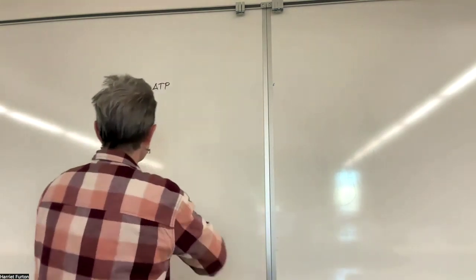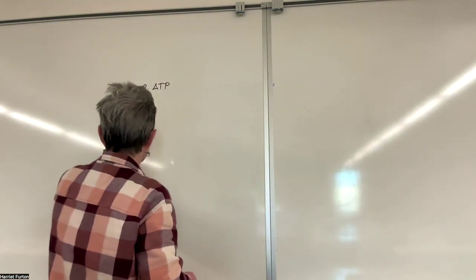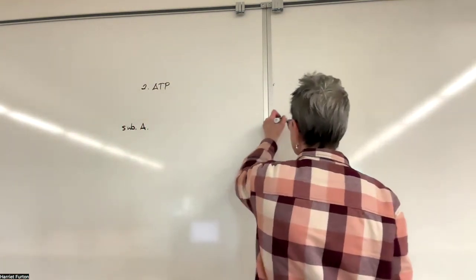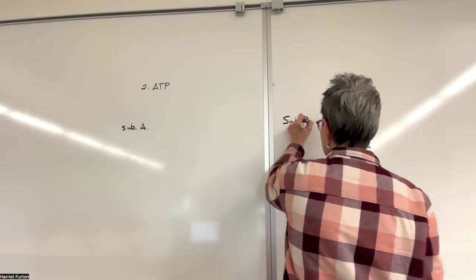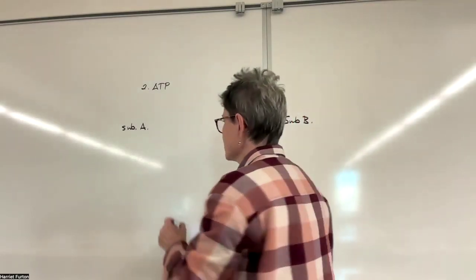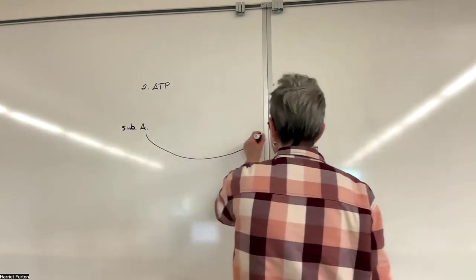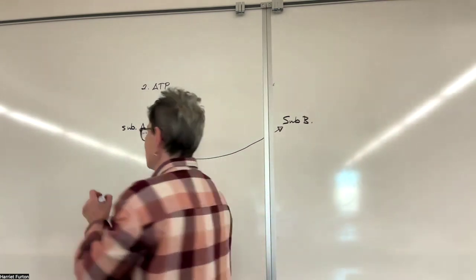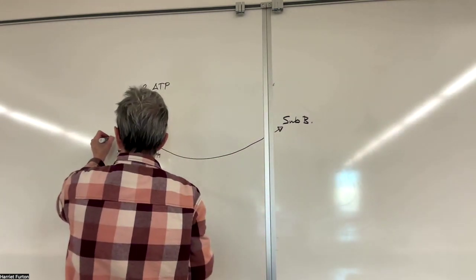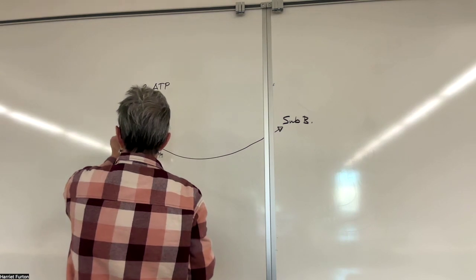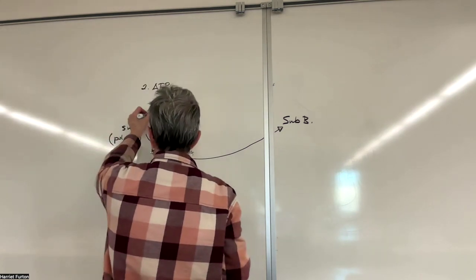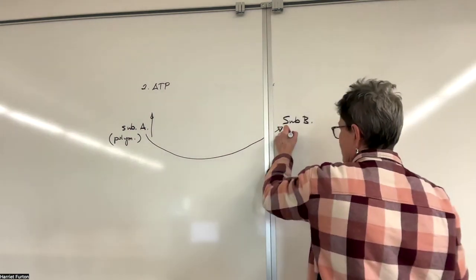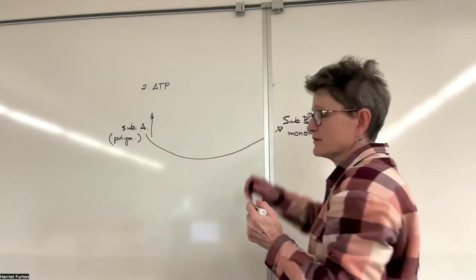So let's say we have substrate A, and we have substrate B. In order for substrate A to turn into substrate B, let's say this is a big molecule, a polymer with high energy. This will be a monomer going to be broken down.